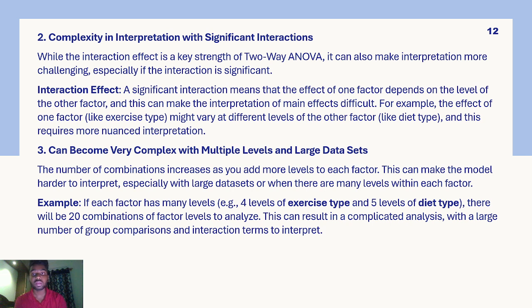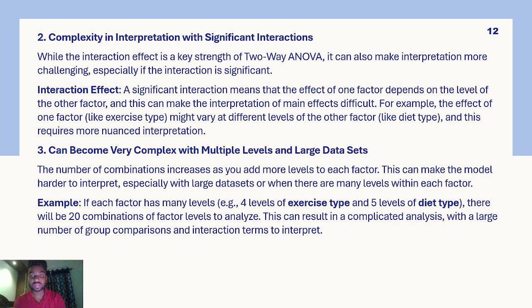For example, the effect of one factor like exercise type might vary at different levels of the other factor like diet type, and this requires more nuanced interpretation. Nuanced interpretation can become very complex with multiple levels and large data sets.